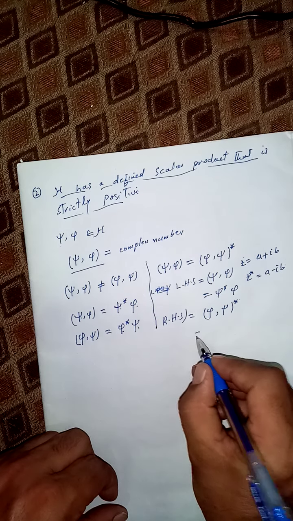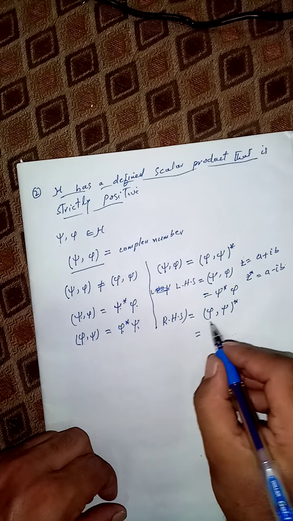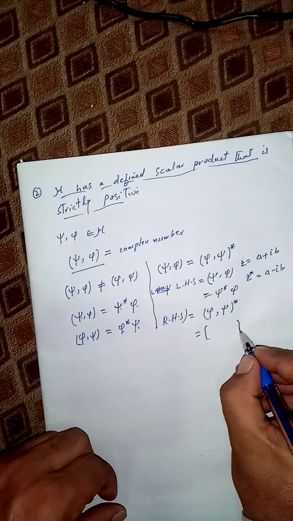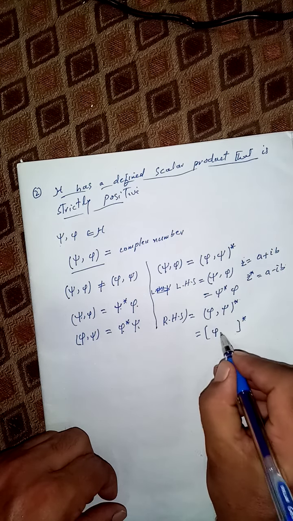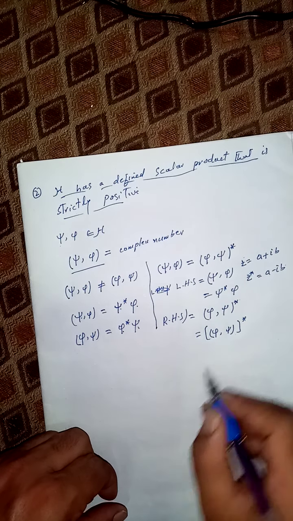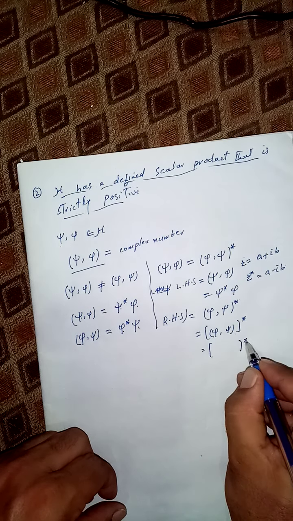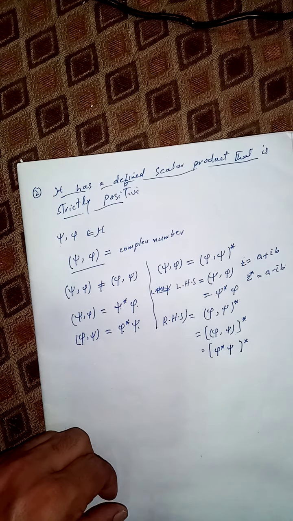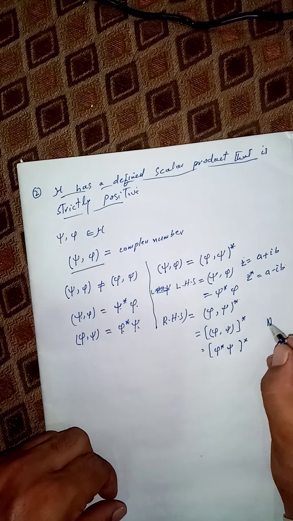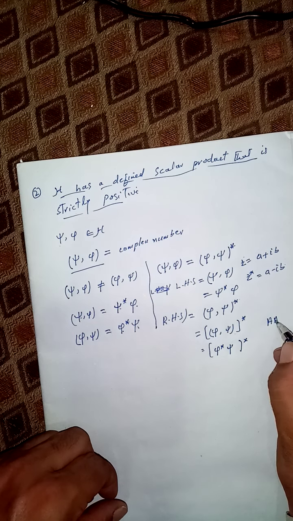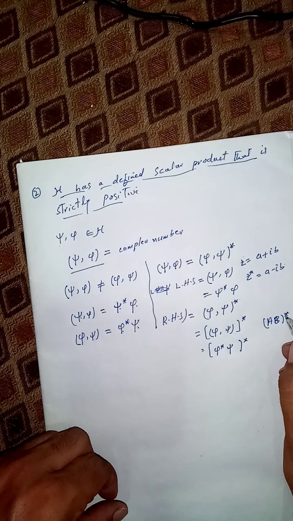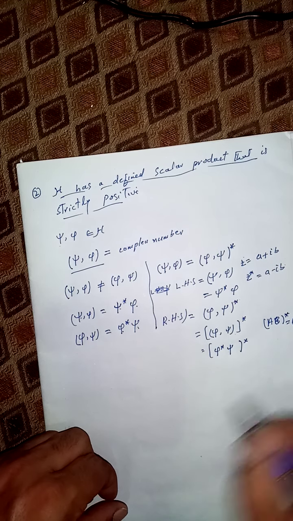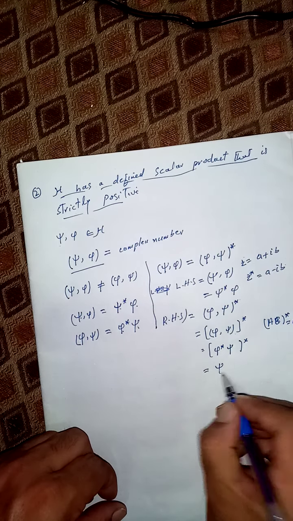So this is equal to, first I will represent it like this: star of phi psi. This is the scalar product, so we have the complex conjugate. If we open it, it will give us phi star psi, star. And we know that if we have two complex numbers a and b, then the complex conjugate of a b is equal to b star, a star, okay? So it comes from this property.